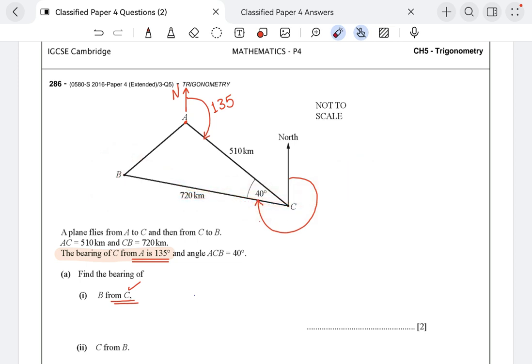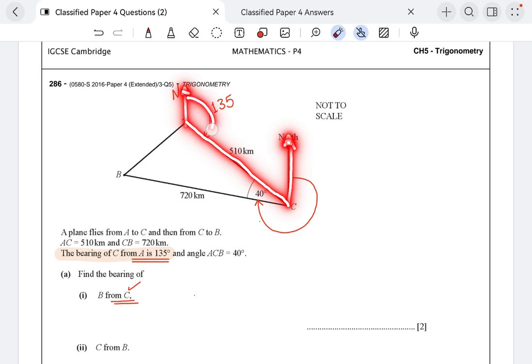To find this whole angle, remember some basics. This is a north direction and this is a north direction. These two north directions are parallel lines, and between them is a transversal.